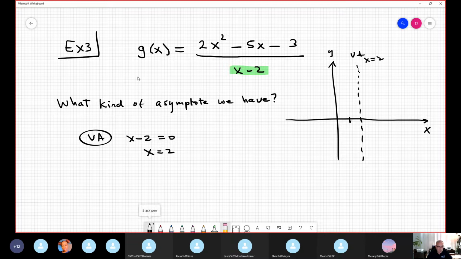My next question is, do we have a horizontal asymptote, yes or no? Remember the analysis of the degree. Regular and special case. Come on, participation.